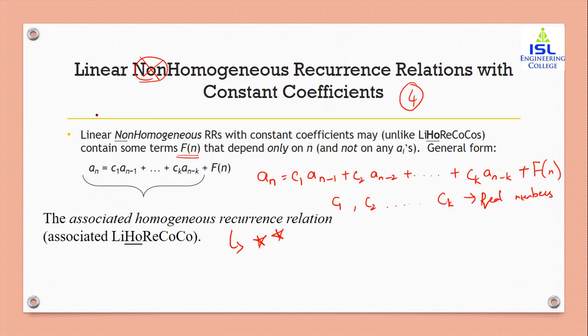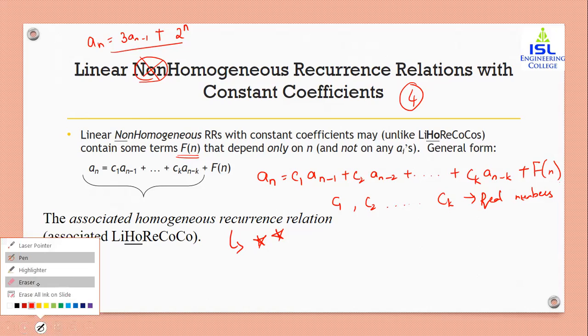One example is a_n = 3a_{n-1}. This is a linear homogeneous recurrence relation because we don't have anything dependent only on n. But if I add 2 power n, or 5n, or simply n squared, then it becomes non-homogeneous.